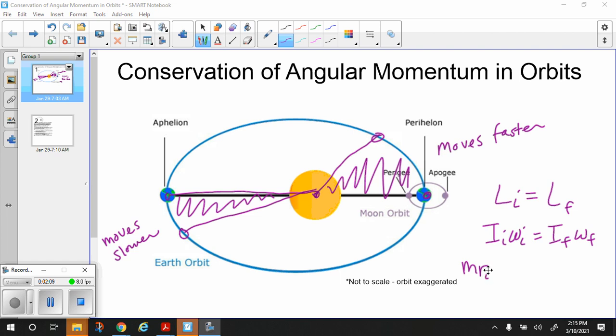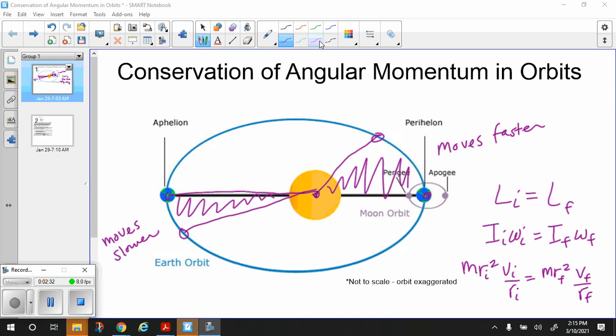So m times r initial squared times omega initial, which we could also write as v initial over r initial, is equal to mass times radius final squared times v final over r final.